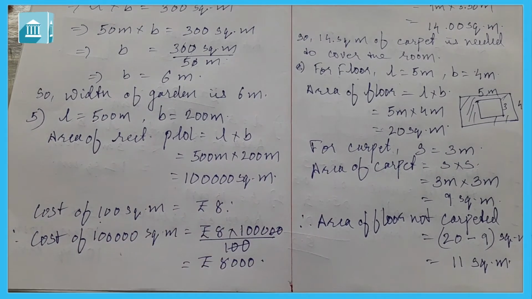So the area of floor which is not carpeted is 20 minus 9, and it is 11 square meter.